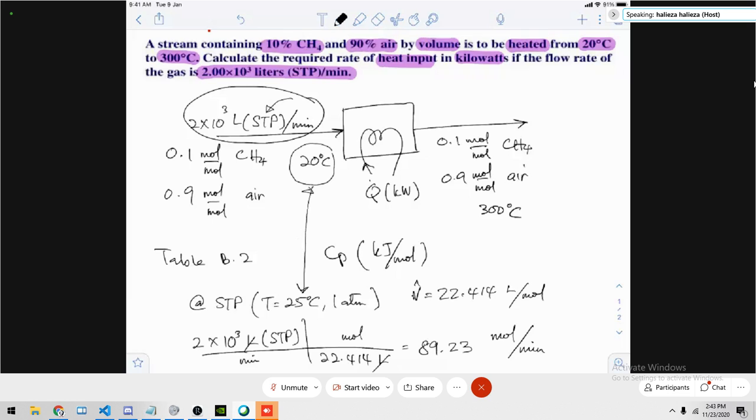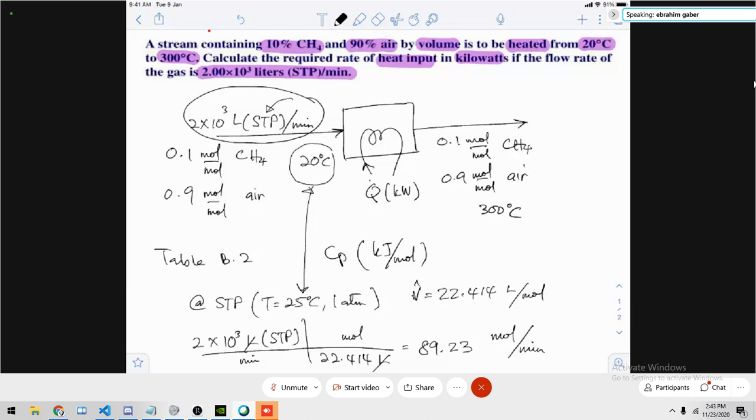Anybody? Well, maybe I think STP itself is at 25 degrees C. Maybe there is like this flow rate flowing through a pipe. This pipe at 25 degrees C.